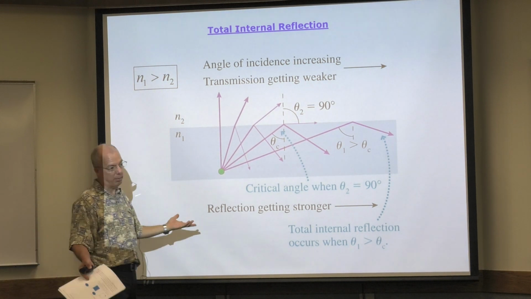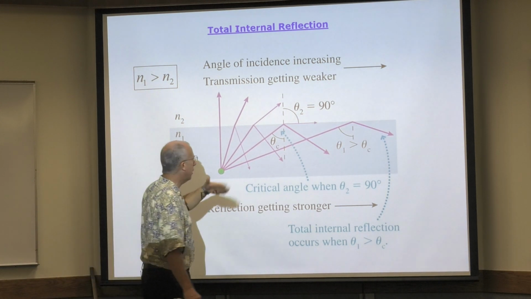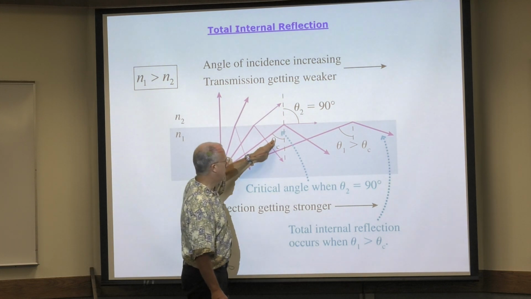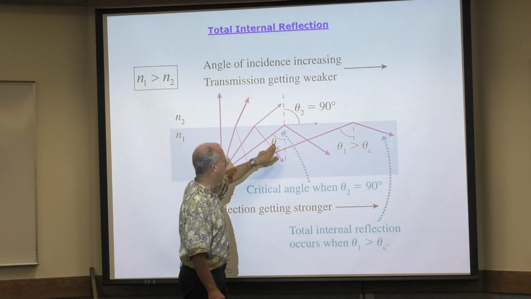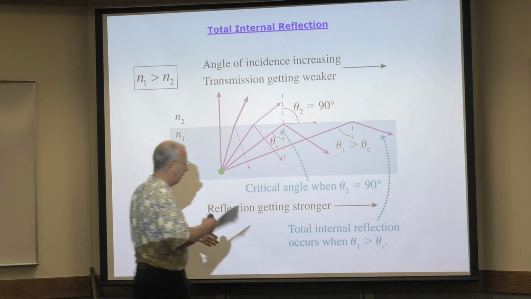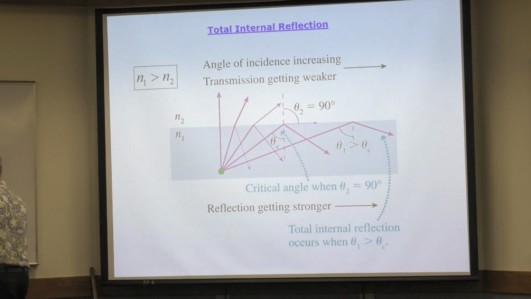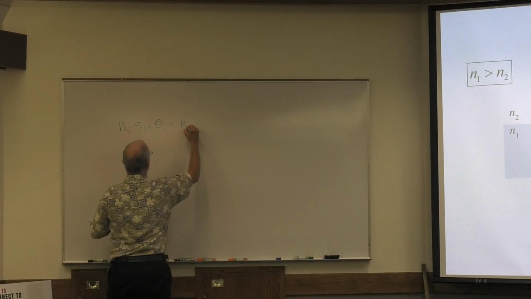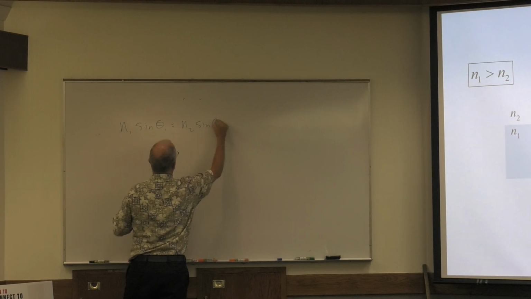So that's how fiber optics works. Okay, so how do you find the critical angle? Well, this is theta 1, and this is theta 2, the 90 degrees. So let's do it. This is just Snell's law. N1 sine theta 1 equals N2 sine theta 2.